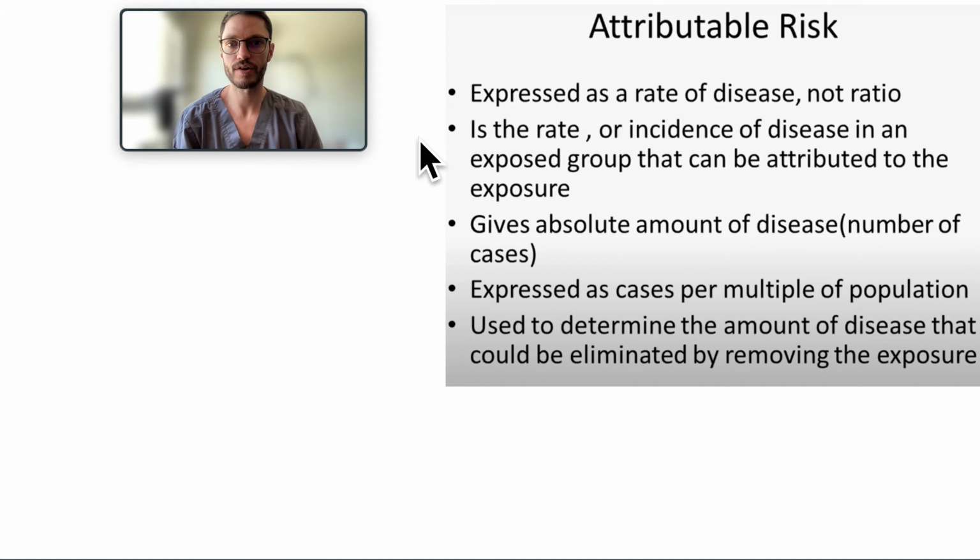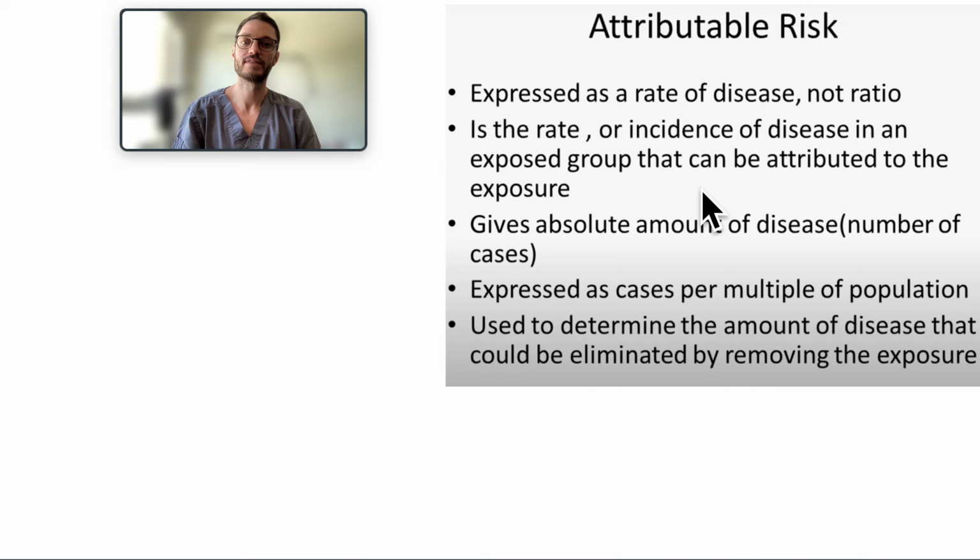In general, attributable risk is expressed as a rate of disease, not a ratio, such as relative risk. It's the rate or incidence of disease in an exposed group that can be attributed to the exposure. You already know this. It gives the absolute amount of disease or number of cases.